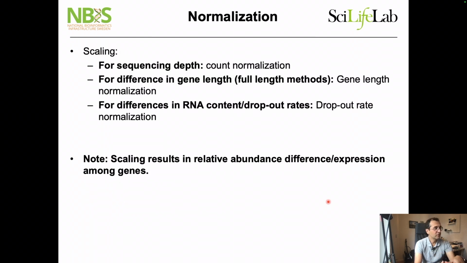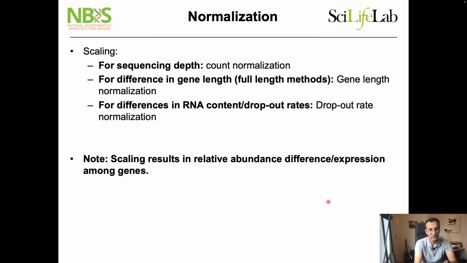The scaling is probably a simplified version of the classification, either by going for sequencing depth, which is simply generating a size factor and controlling for the total depth. And in addition to that, you can also control, normalize, or scale for gene length.